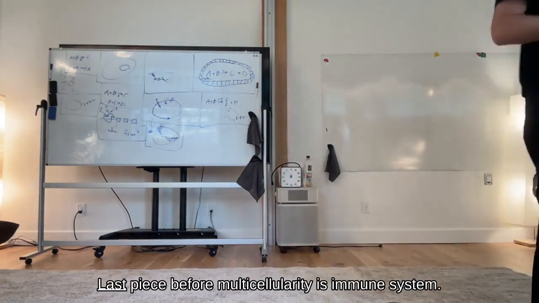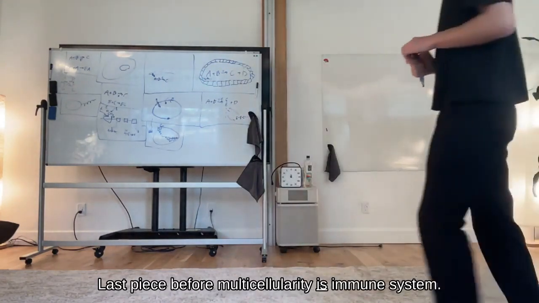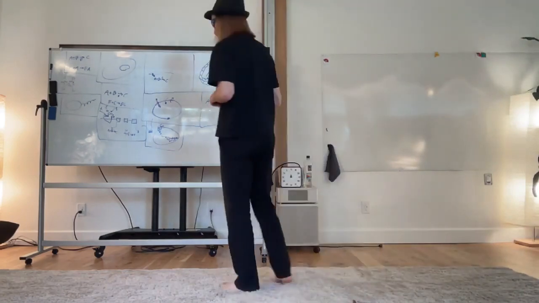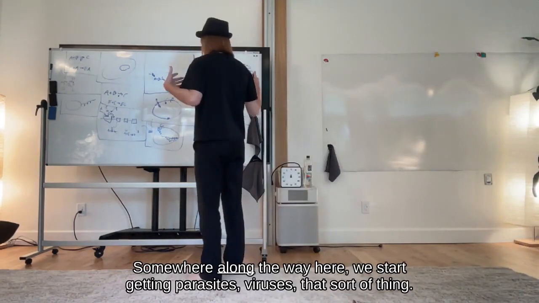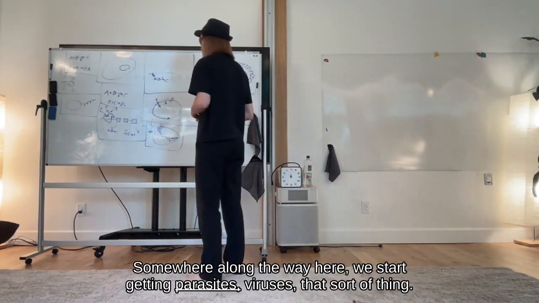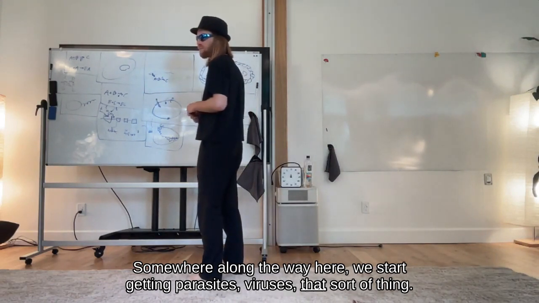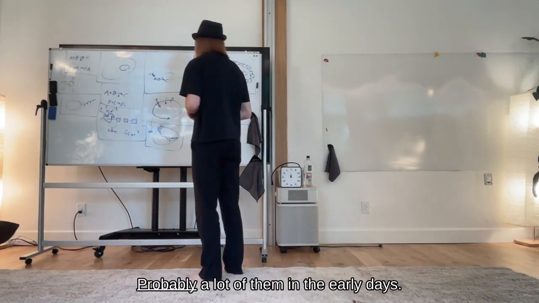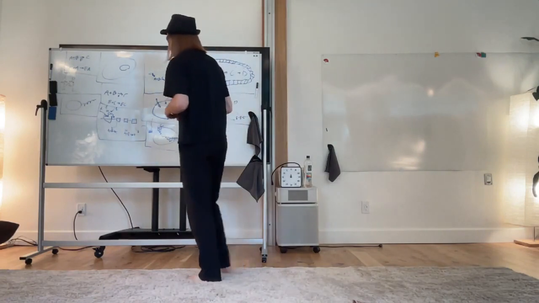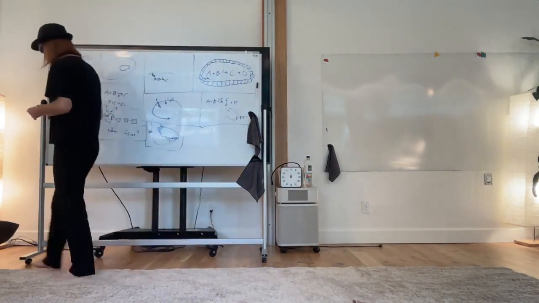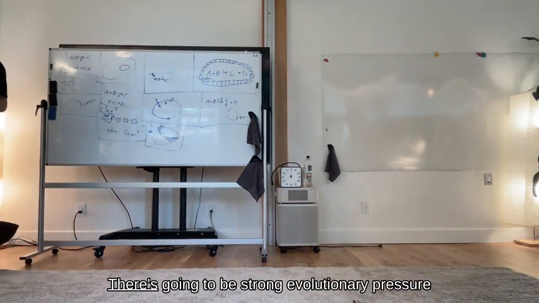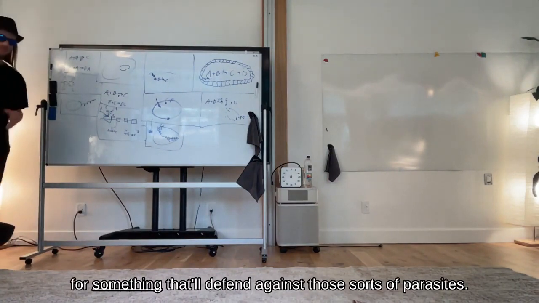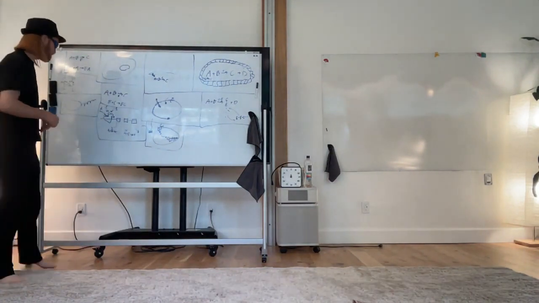All right. Last piece before multicellularity is the immune system. So somewhere along the way here, we start getting parasites, viruses, that sort of thing. Probably a lot of them in the early days. And there's going to be strong evolutionary pressure for something that'll defend against those sorts of parasites, right?